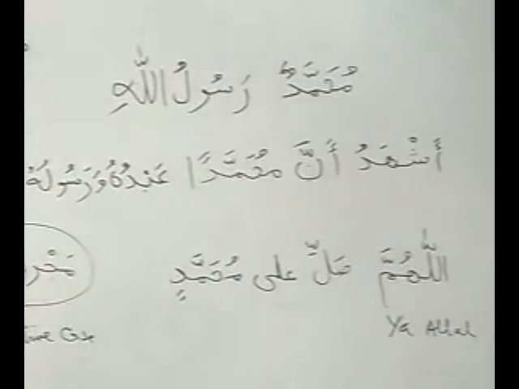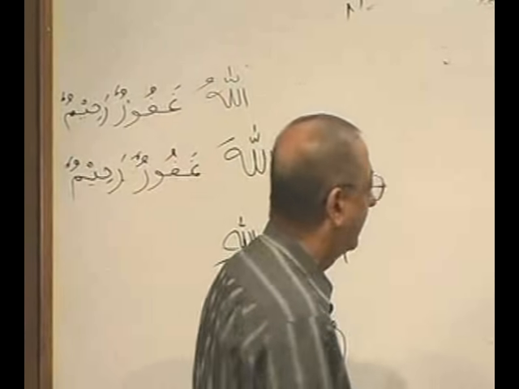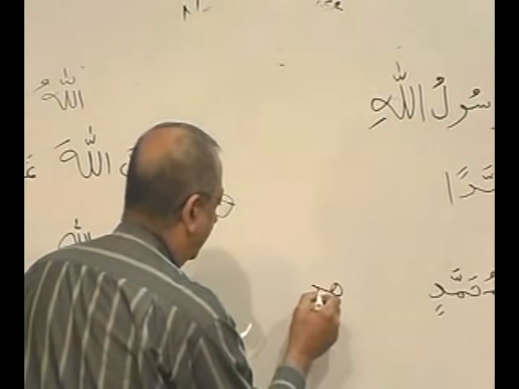Hada Baytun. Now tell me, brother and sister, what is the translation? This is a house. Indefinite. Okay. Now, I think you have understood this, so I am going to erase it, brother. Haza.